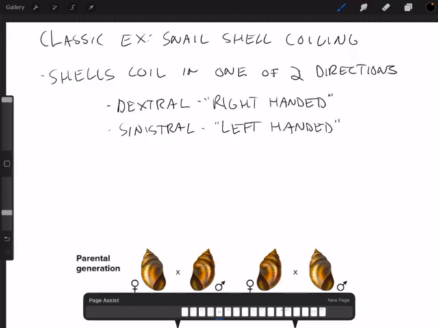Think about kind of chirality of molecules and that kind of thing. It can twist this way or it can twist that way, but they are not the same. And this coiling direction is determined 100% by the genotype of the mother.